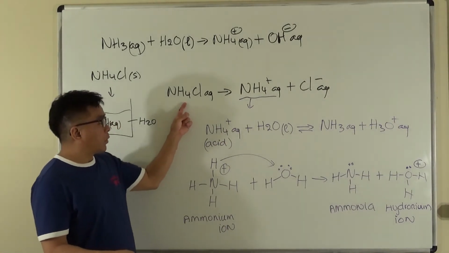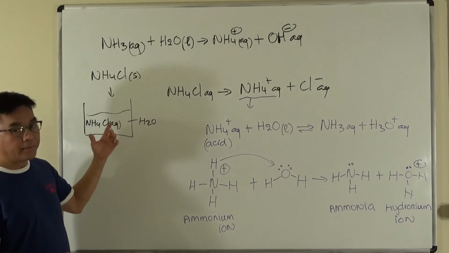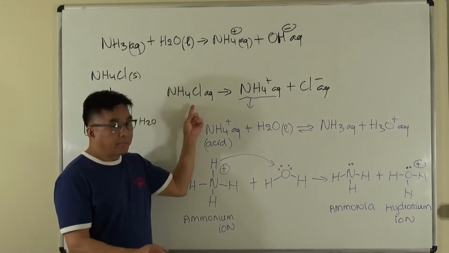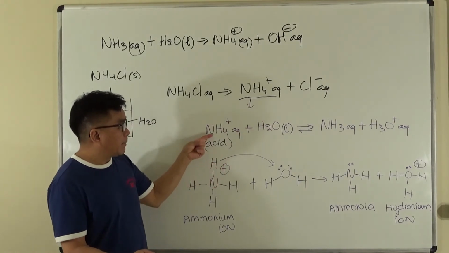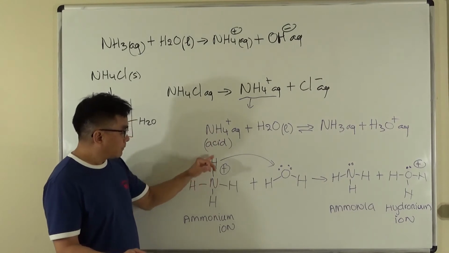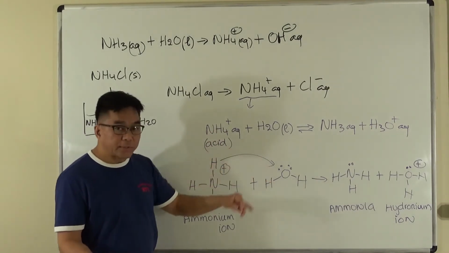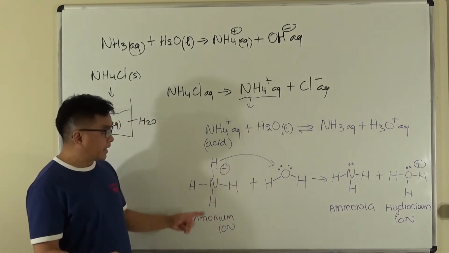Now, when ammonium chloride dissolves in water, it forms a solution and dissociates to give you ions. The ammonium ion can release a proton to the solution, and so it acts as an acid in this case.